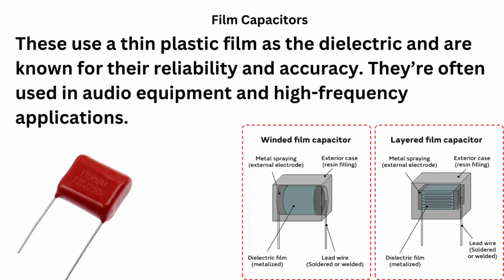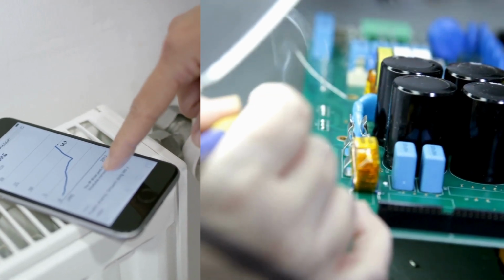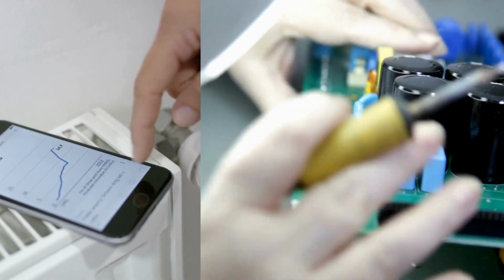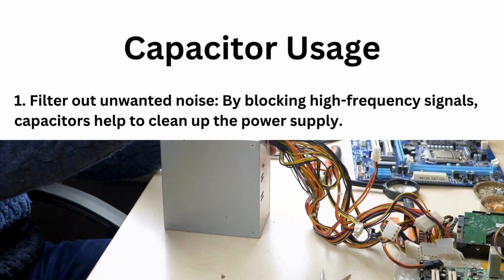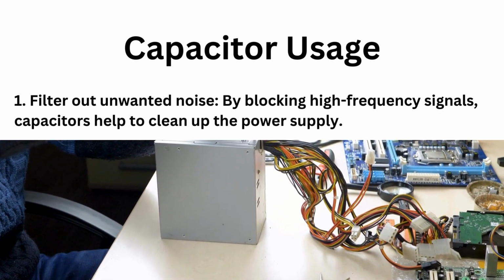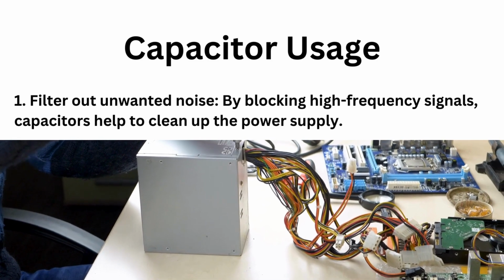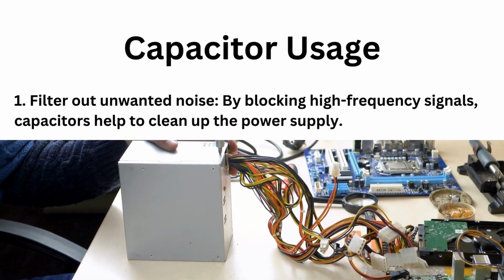Let's talk about how capacitors are used in electrical circuits. Capacitors can perform various roles, such as smoothing out voltage fluctuations, filtering signals, and coupling or decoupling components. Capacitors play crucial roles in electronic circuits. They can be used to: 1. Filter out unwanted noise.